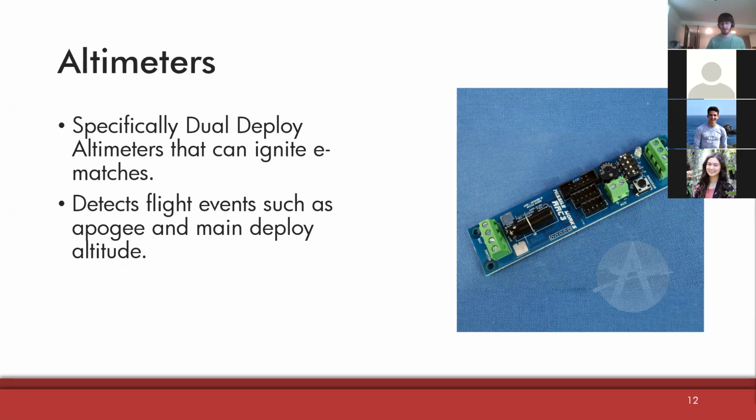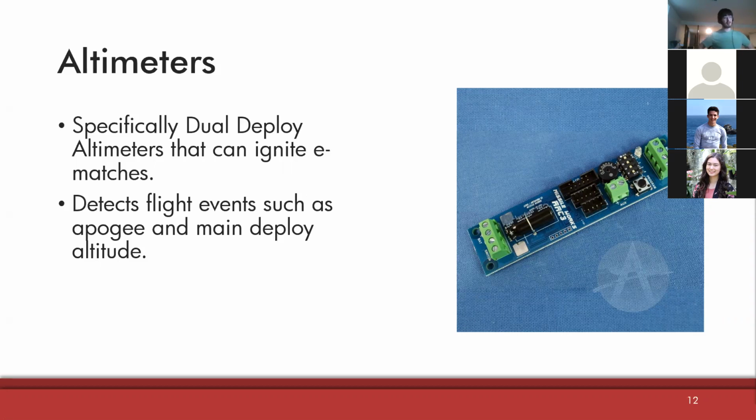Altimeter can also refer to just stuff like Jolly Logic makes some little small USB stick size things that just record altitude, and that's not particularly useful for us. The kinds of altimeters we use are ones that can detect flight events, such as apogee, launch, etc., and then actuate charges based on that.